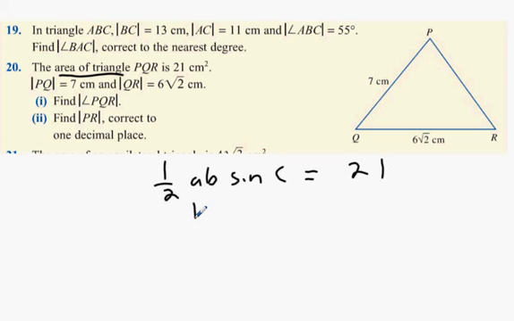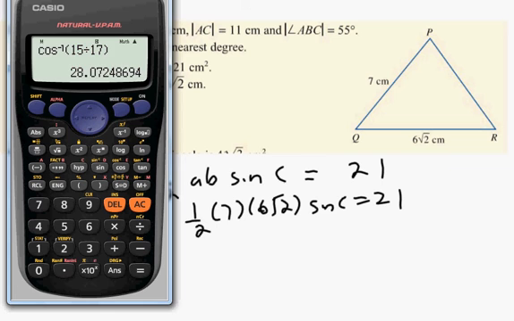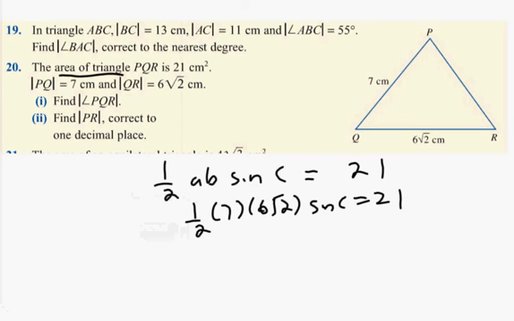Now, a half times 7 times 6 root 2 sine C equals 21. A half, 7, 6 root 2, gives 21 root 2. 21 root 2 sine C equals 21.